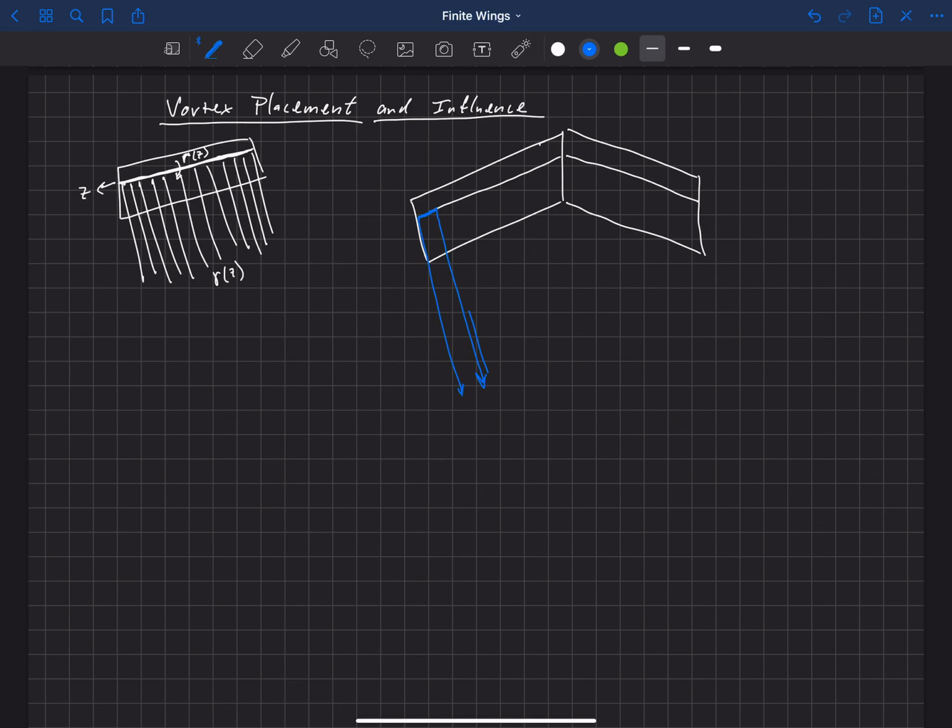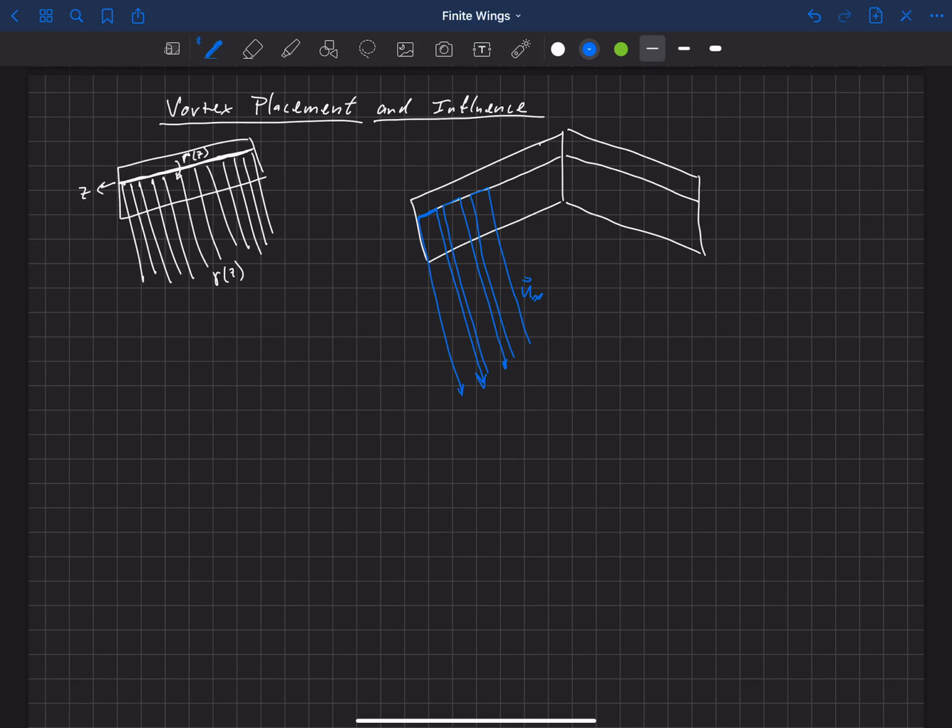Okay, we're gonna do a whole bunch of these along the wing. So this is a series of horseshoe vortices that will look something like that. Now I haven't drawn these very well, but you can imagine this is in the direction of u infinity here. And so we'll just continue putting those across the wing.